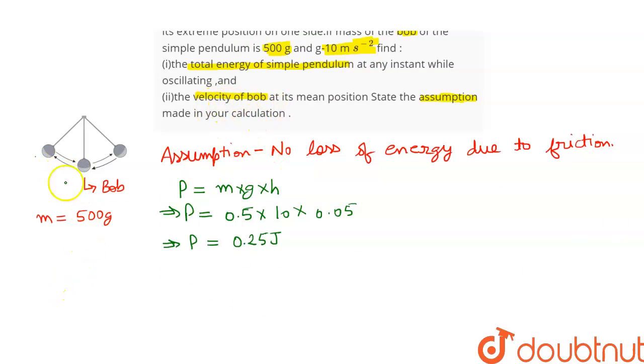Now we also have to calculate the velocity of the bob. At the extreme end, the kinetic energy is equal to the gravitational potential energy. So it can be written as 1 by 2 into m into v square is equal to m into g into h. The m will cancel out and v is equal to under root of 2gh.